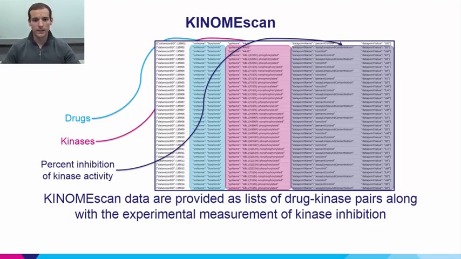The left column is telling us which drug was used in a particular experiment. The middle column is specifying which kinase was tested. And then the third column gives us information about how much inhibition of kinase activity was measured for that particular pair of drug and kinase.